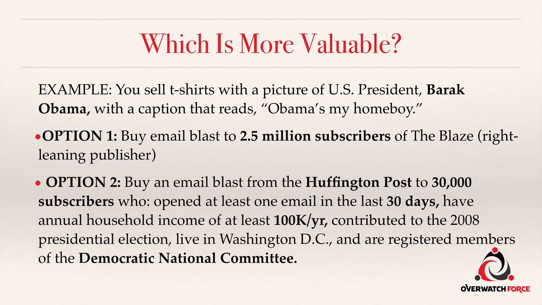The other option is you can buy an email blast from the Huffington Post to 30,000 subscribers who have opened at least one email in the last 30 days, have an annual household income of at least $100,000 a year, who have contributed to the 2008 presidential election, who live in Washington, D.C., and are registered members of the DNC. Which one of those 2 list options, one with 2.5 million subscribers and the other with 30,000 subscribers with incredibly good data, which one of those do you think is going to actually perform better?